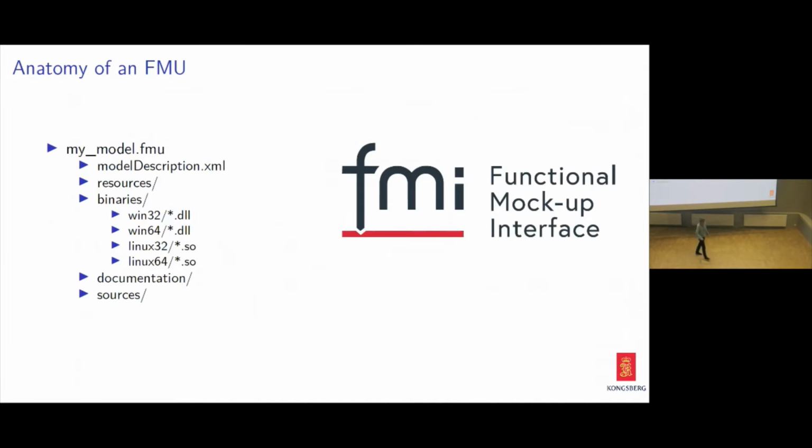You can put some additional stuff in there as well, such as the source, documentation, and resources. Then you compress it all into a zip file. And then you say, I don't want to name it something.zip, so I'll name it something.fmu instead. And there you have an FMU. Just a fancy zip archive with some DLLs or shared objects. That's really it.